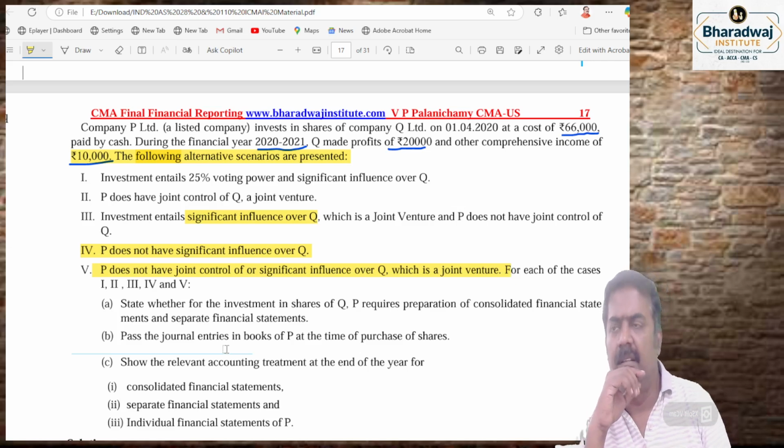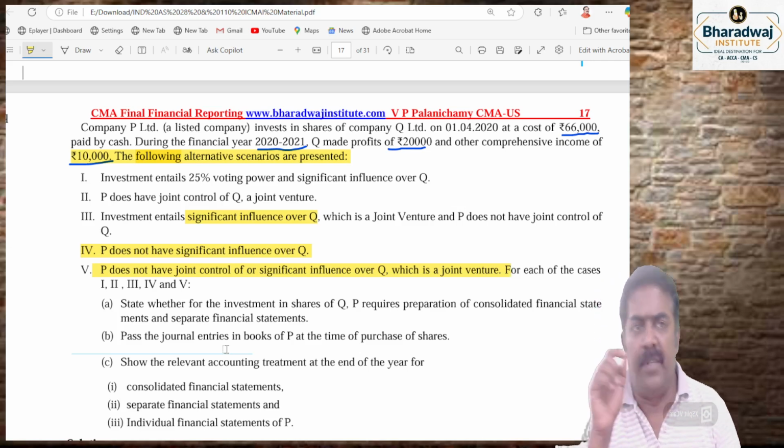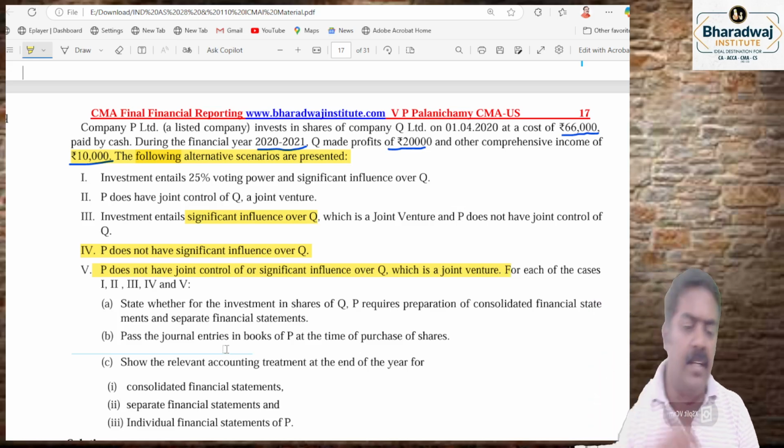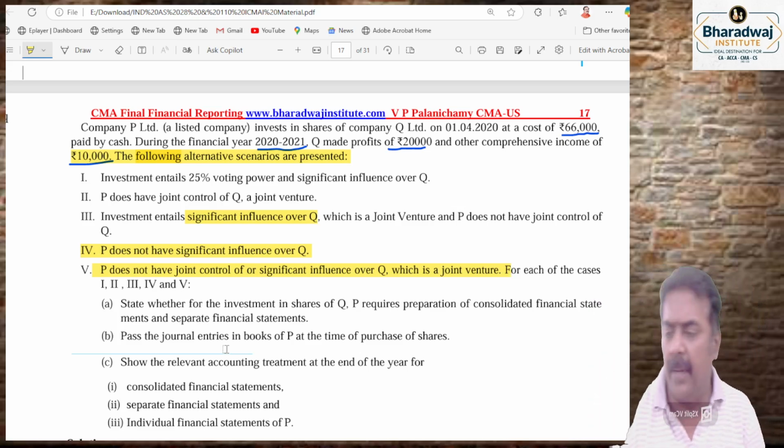That is, consolidated financial statement applying the equity method of accounting.